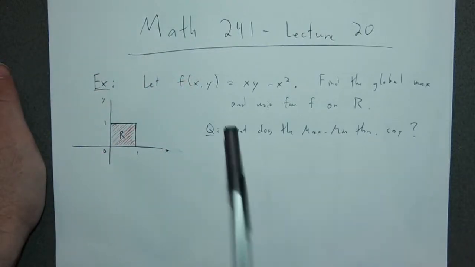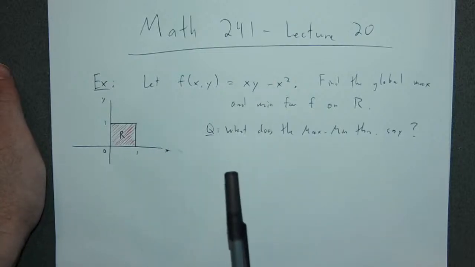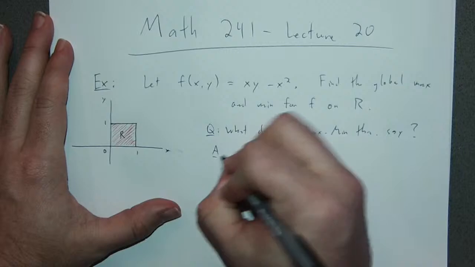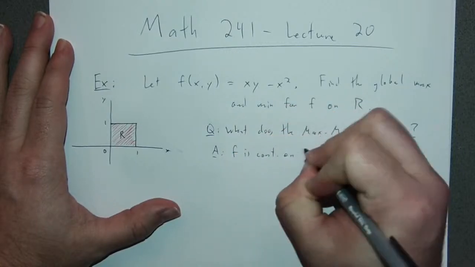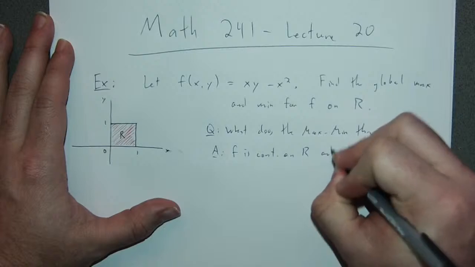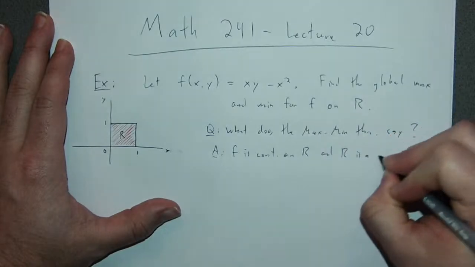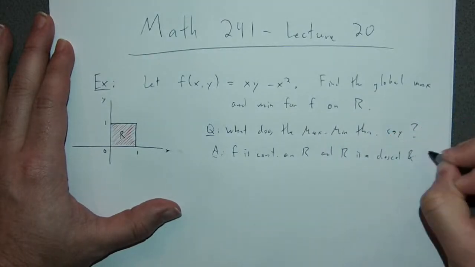What does the max-min theorem say? It's continuous because it's polynomial, and R is a closed and bounded region. So f is continuous on R, and R is a closed and bounded region.